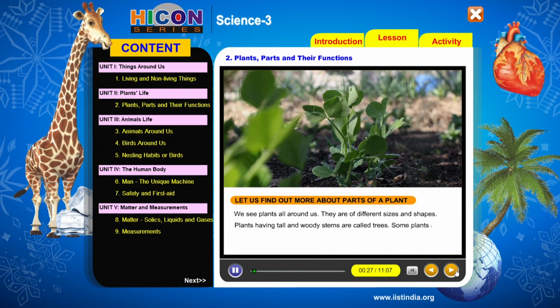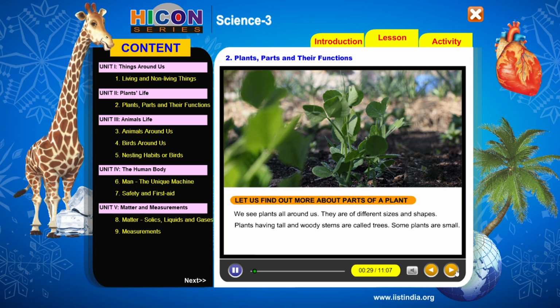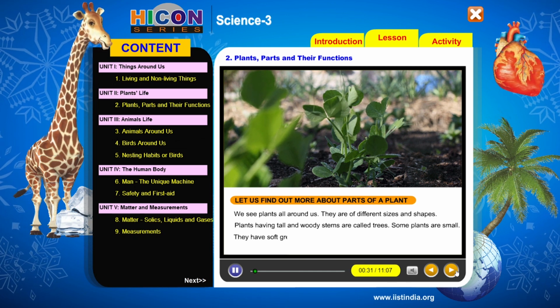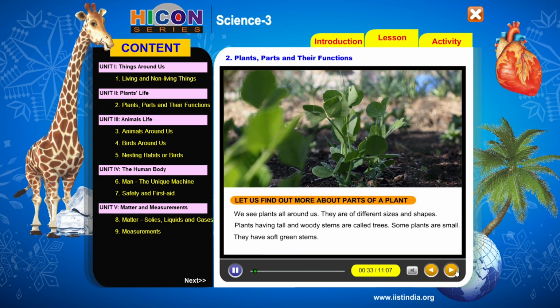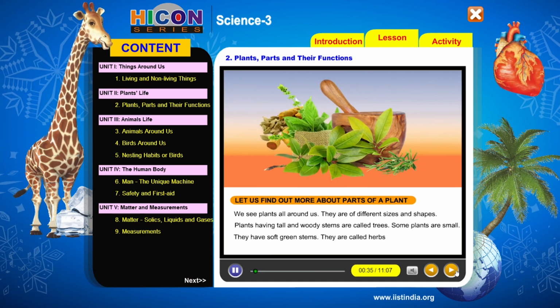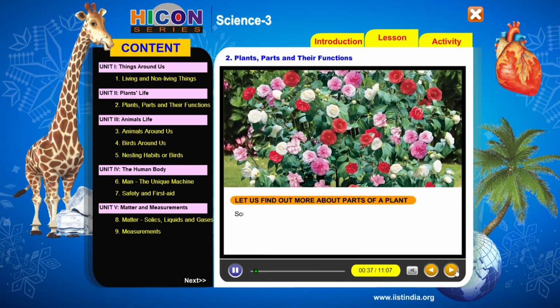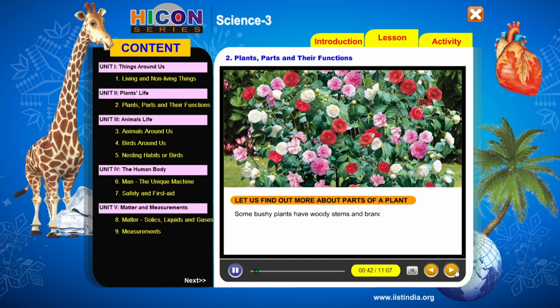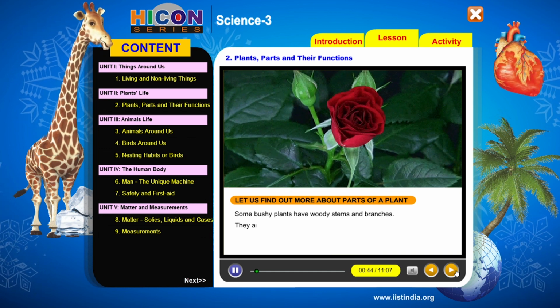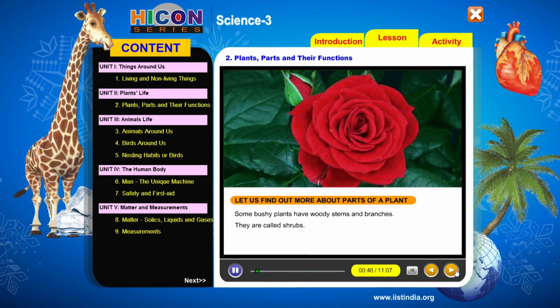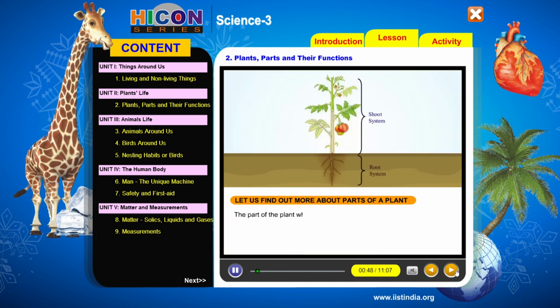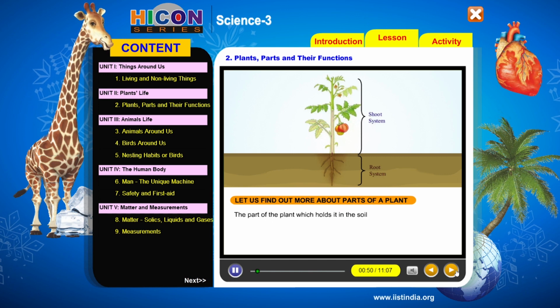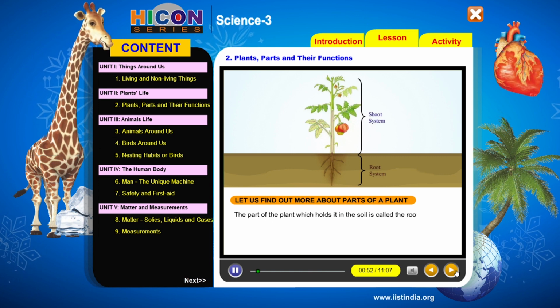Some plants are small. They have soft green stems. They are called herbs. Some bushy plants have woody stems and branches. They are called shrubs. The part of the plant which holds it in the soil is called the root.